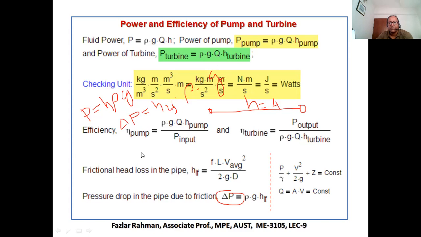That I put right over here. Delta P equal to rho G into HLF. This is the continuity equation, that Q equal to area into velocity.